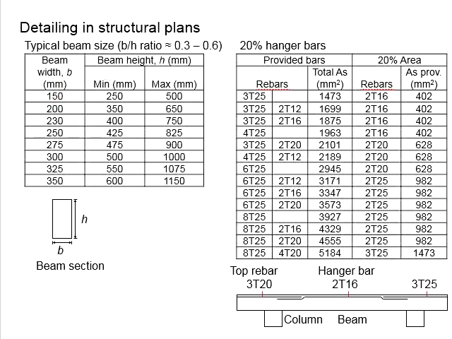The common size that we normally use will be 150 times 300 or 150 times 450, which is actually within this range of 250 to 500. In fact, you can use this, only that it is not that common in the industry. But technical wise, it is viable and it is quite optimized. In the case that you require larger beam size, then you may have deeper beams.